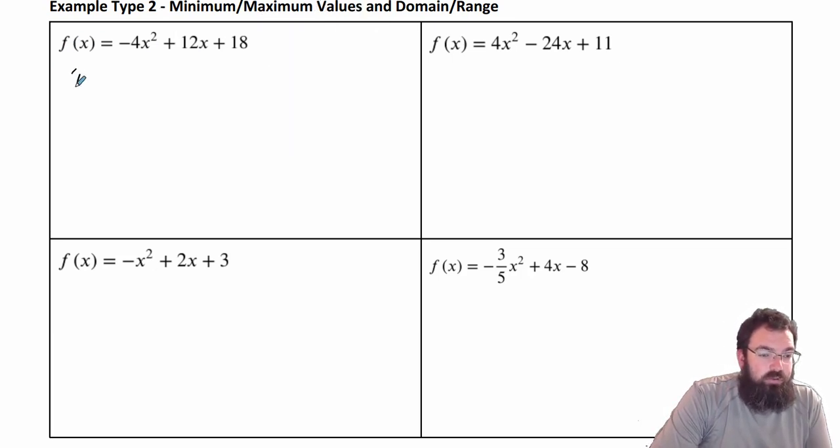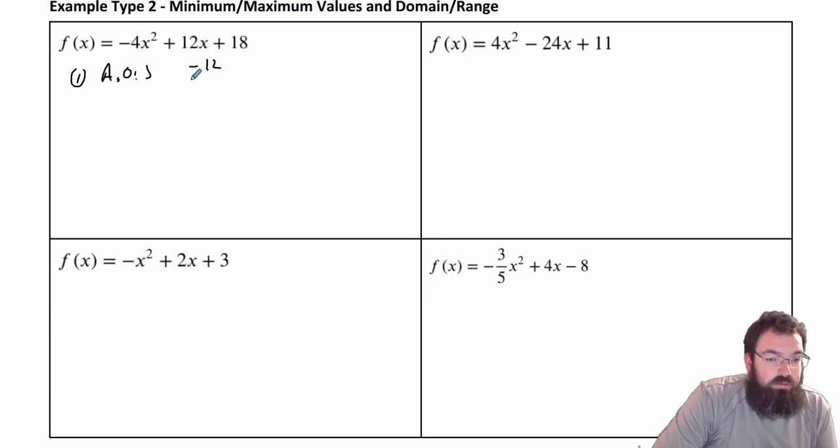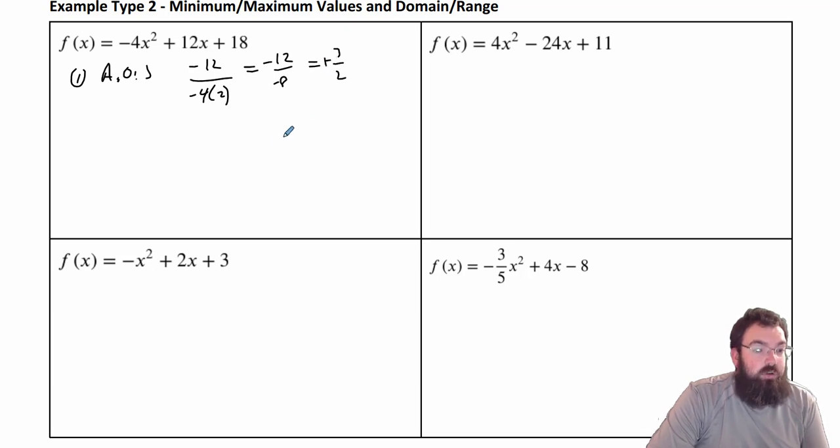Okay? So remember, the first thing I got to do is find the AOS, very similar to what we did on the first example type. So I get -12 over -4 times 2, which is -12 over -8, which is -3 over 2. A positive 3 over 2, sorry.